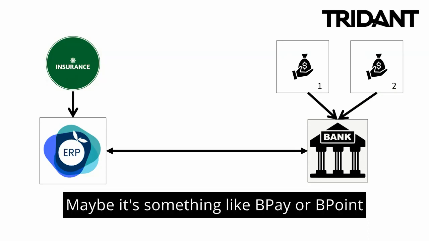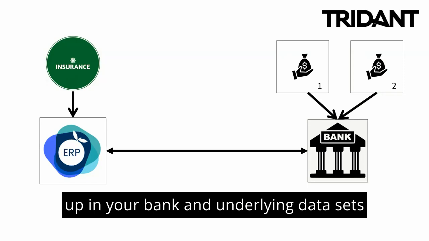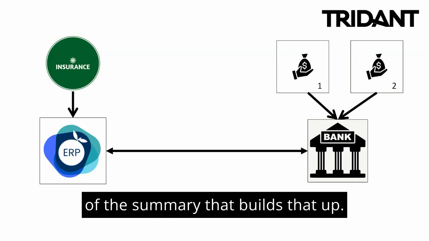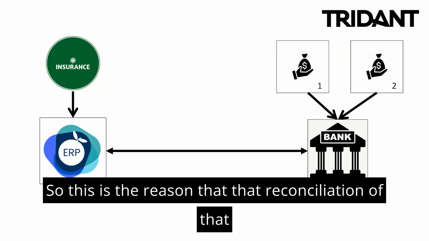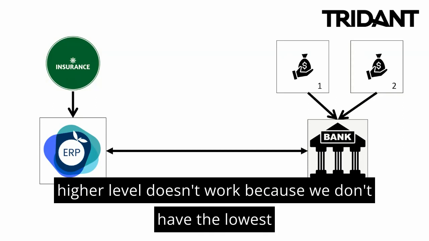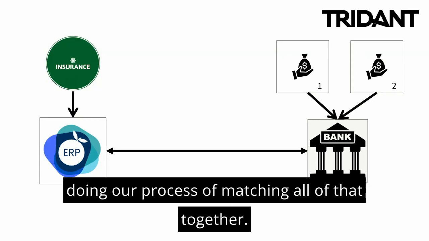Maybe it's something like BPay or BPoint payment methods, where you've got bulk payments showing up in your bank and underlying data sets of the summary that builds that up. This is the reason that reconciliation at that higher level doesn't work, because we don't have the lowest level of detail within our data sets when we are matching all of that together.